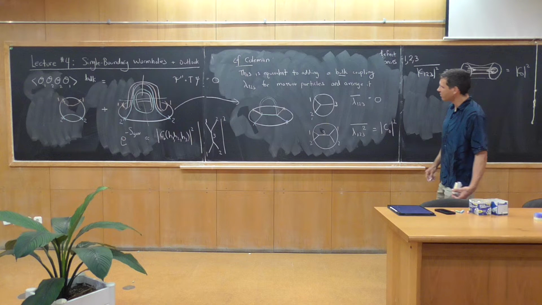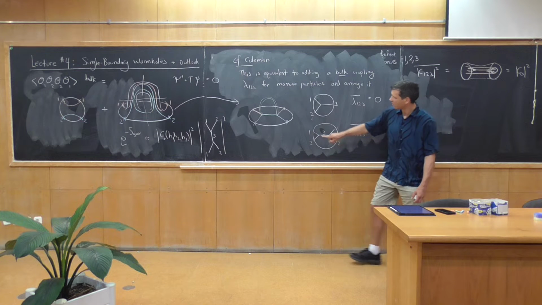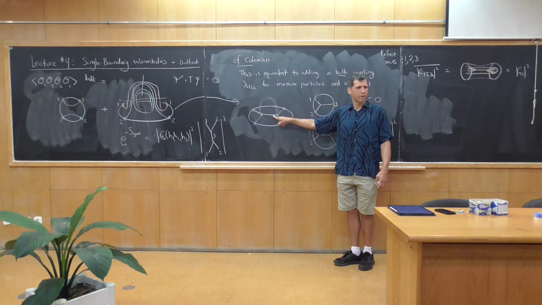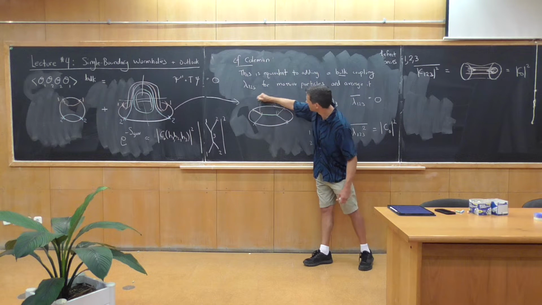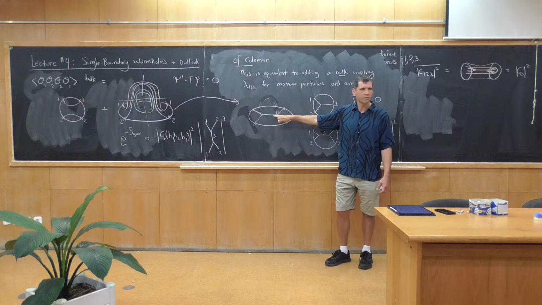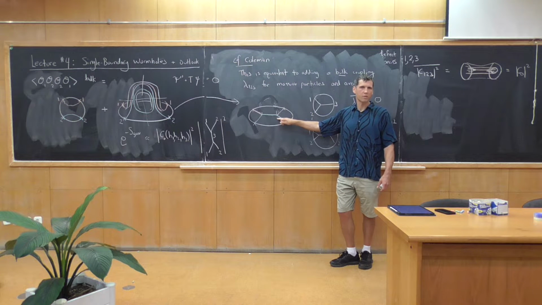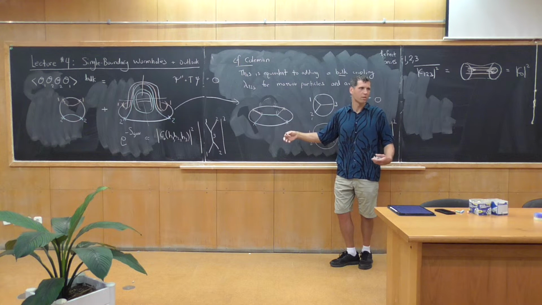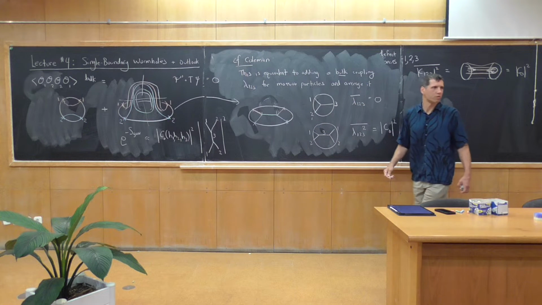Well, it's a bit better than that. This diagram, if you allow it to back react, is the conformal block. Forget the handle. If you just have a network of conical defects like this and you allow it to back react, you get exactly the Virasoro conformal block. Yes, we can fix the constant by taking them very far apart, but we get the answer for any value of the cross ratio.